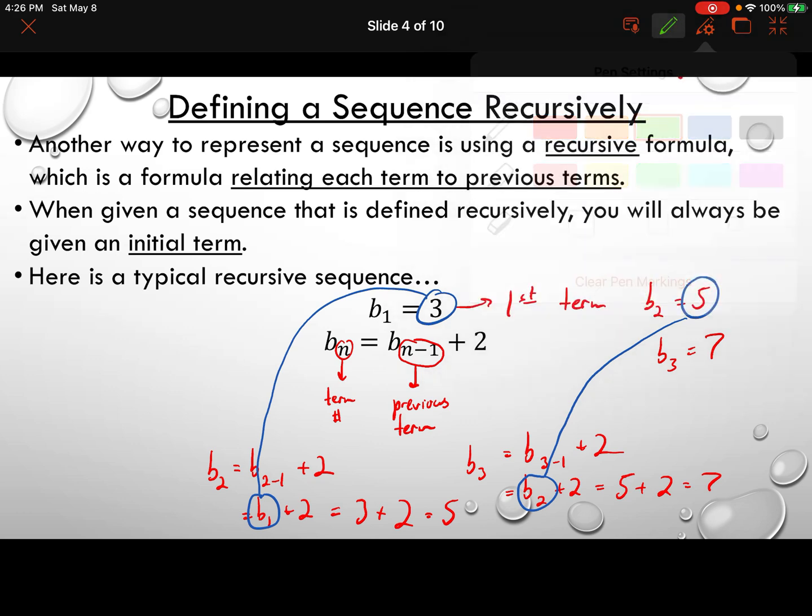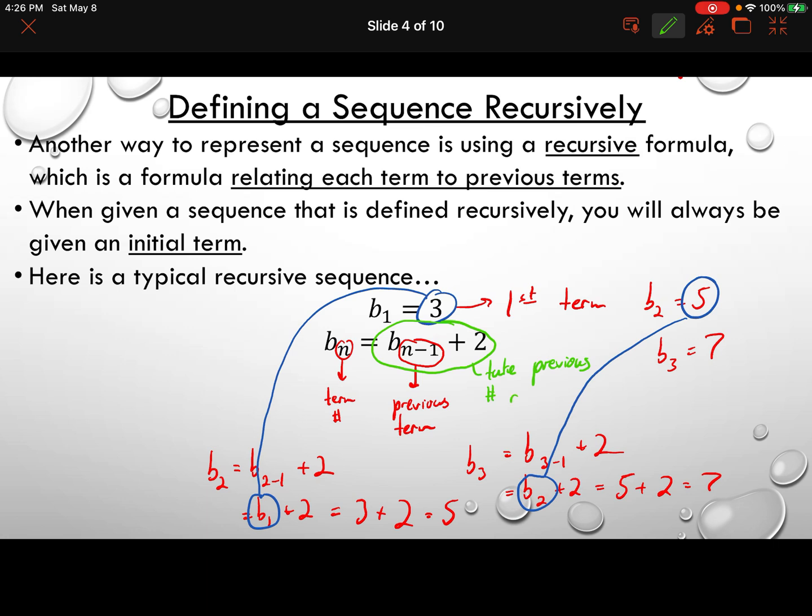So if we wanted to interpret this, what is it telling us to do? It's telling us to take the previous number or previous term and add 2. Okay, that's how one would interpret that. Take the previous number or term in your sequence and then just add 2 to it.